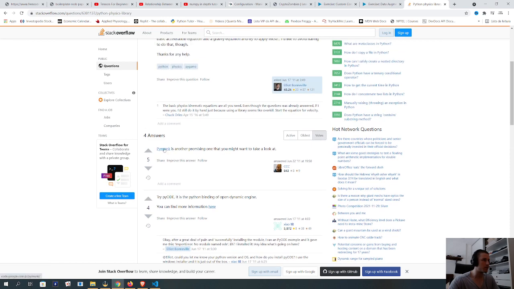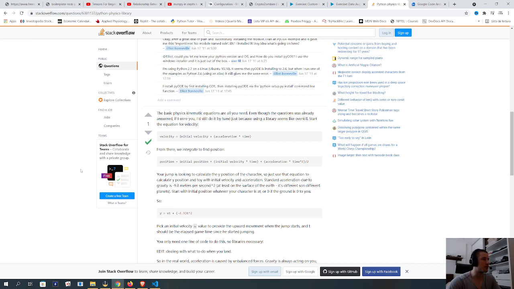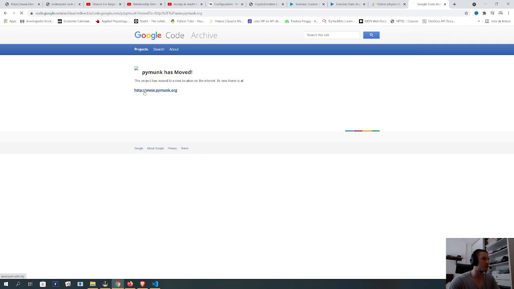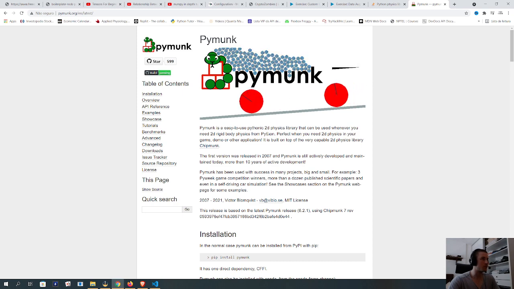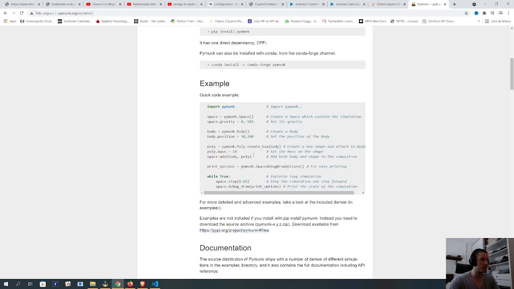Are there any good up-to-date physics libraries for Python that are for Linux? PyMunk is another promising one that you might want to take a look at. PyODE is the Python binding of Open Dynamics Engine. Basic physics kinematic equations are all you need. Then the question was already answered. So it seems there is a library which contains the simulation, sets gravity.